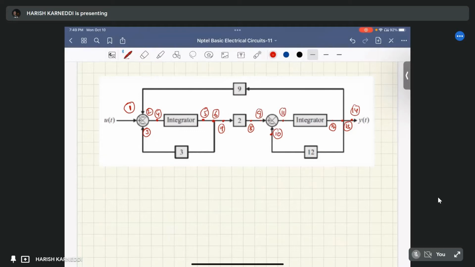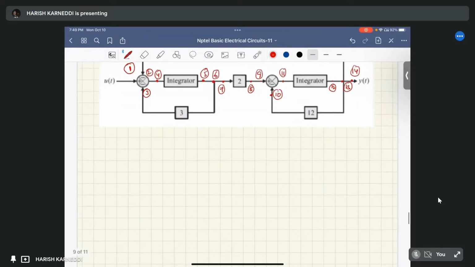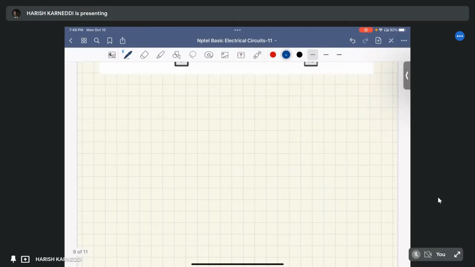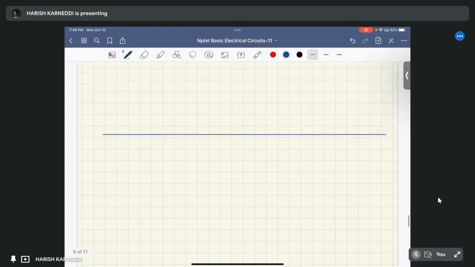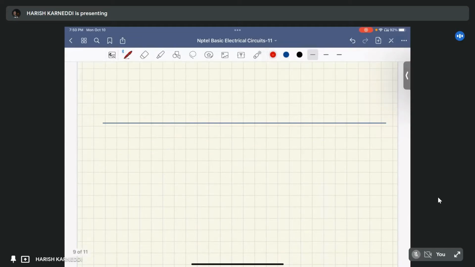First, we have to represent with some numbers. So here we will draw 1, 2, 3, 4, 5, 6, 7, 8, 9, 10.